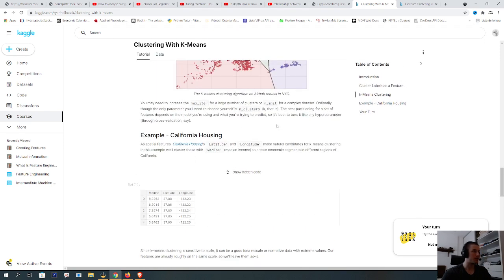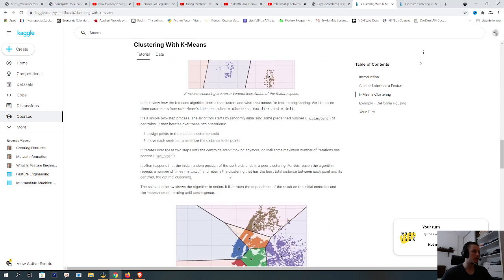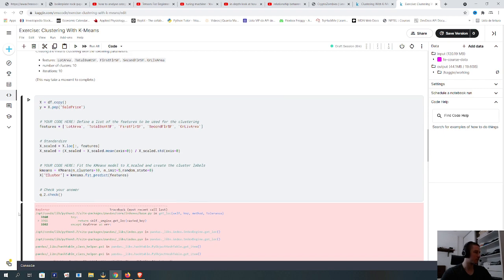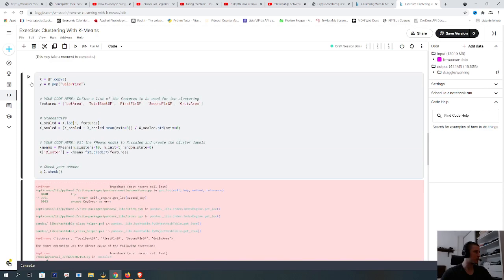So n_init is how many times it's gonna run until it finds the center. It repeats a number of times. I'm gonna put the same number of columns, which is 5. So maybe this works.